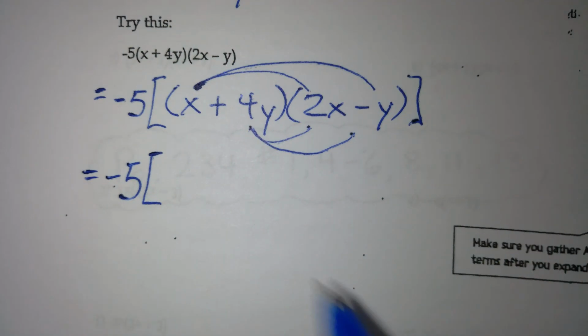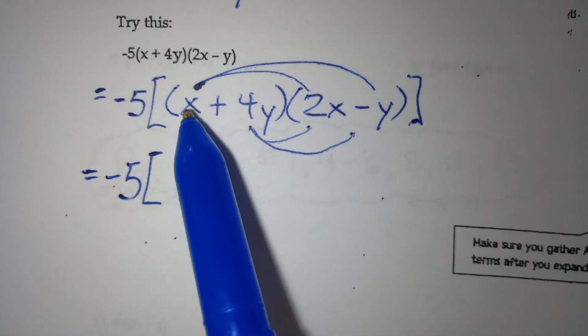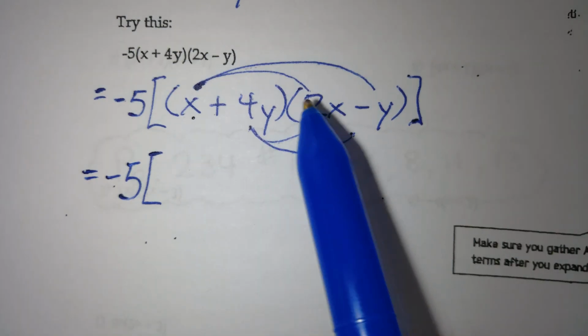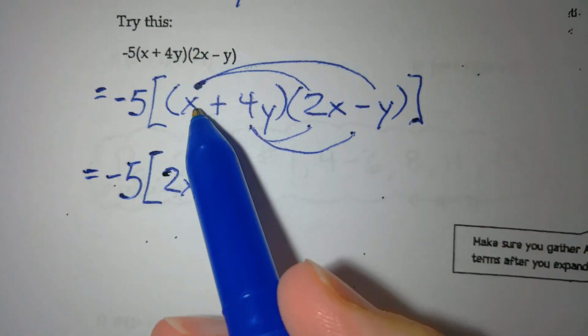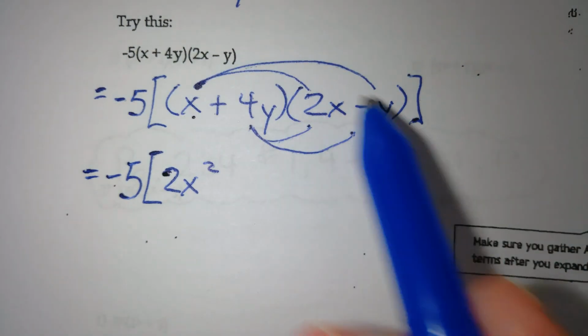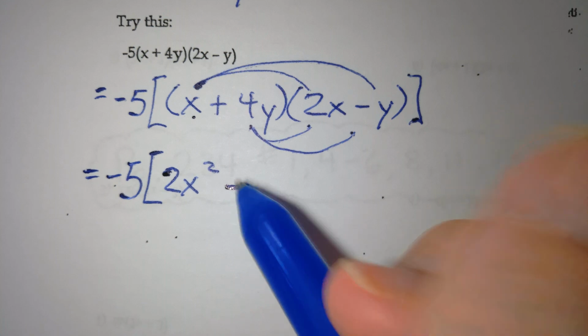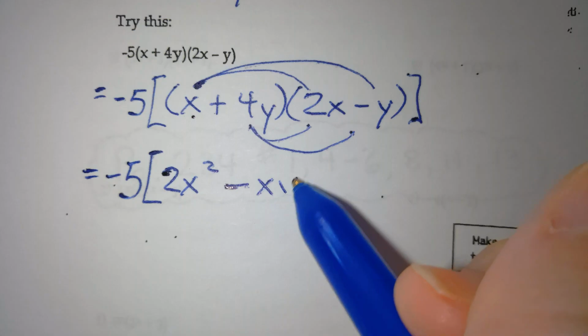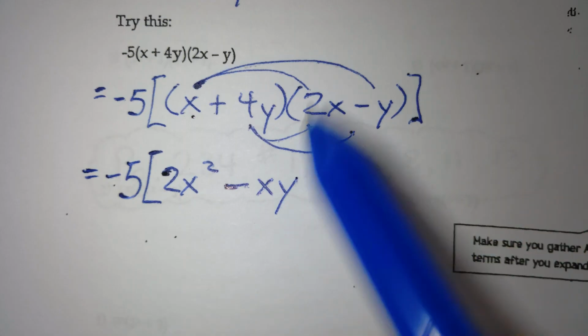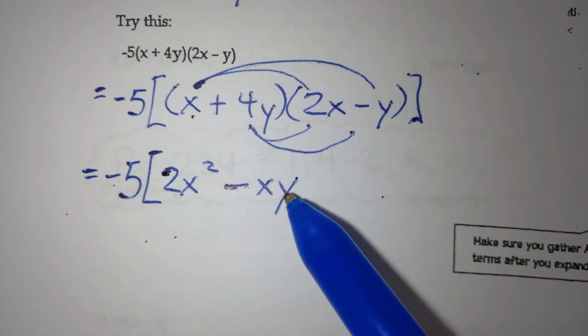We'll work together. All right, x times 2x. 2x squared. Good. X times -y. X times -y, you get negative. Good. All right, because I can't combine them together, so I just leave it as xy.